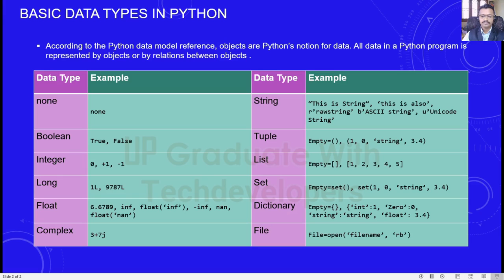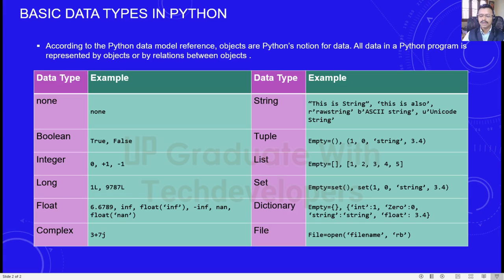Next we have dictionary. Dictionaries will store the elements in the form of key and value pairs.